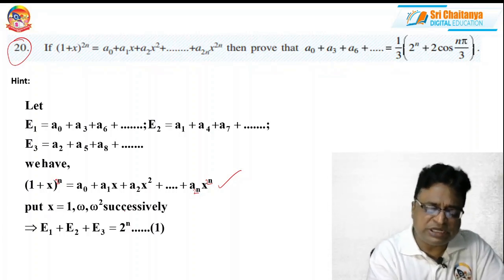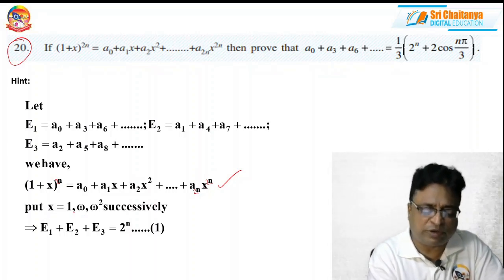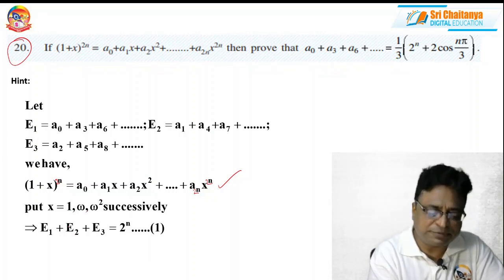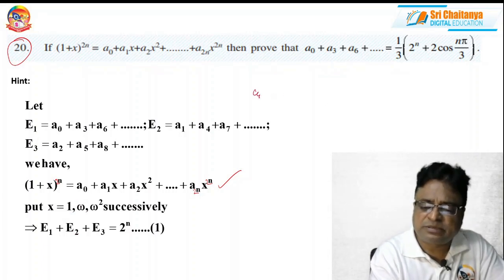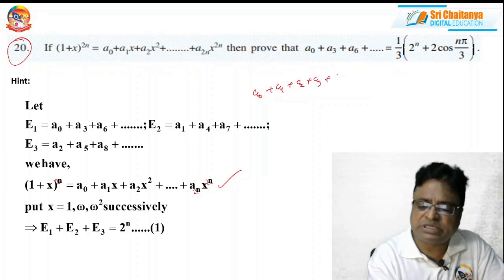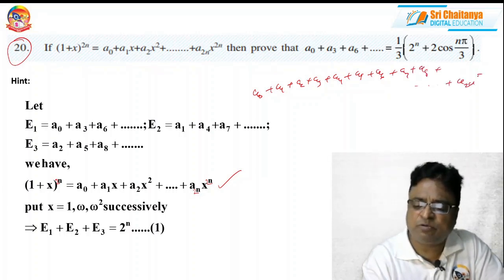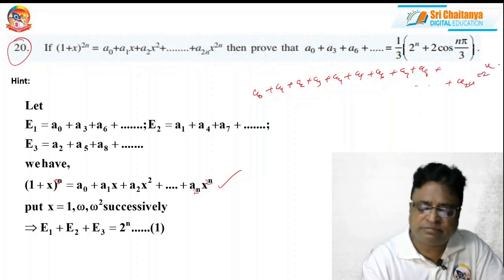So now in this one, what I am doing is, now put x equal to 1, omega, omega square successively. Okay. If I have substituted x equal to 1, what will happen? A0 plus A1 plus A2 plus A3 plus A4 plus A5 plus A6 plus A7 plus A8 and so on plus A2n equal to 2 power n, you can get.